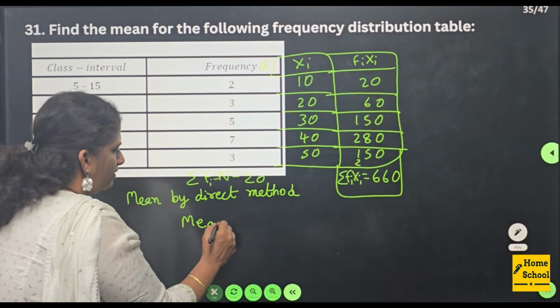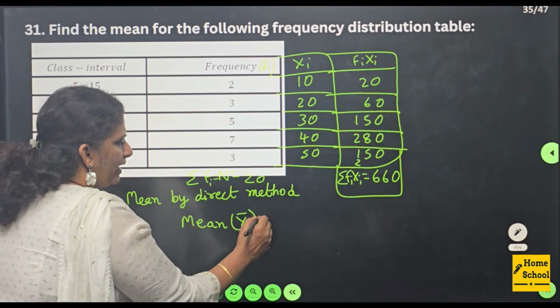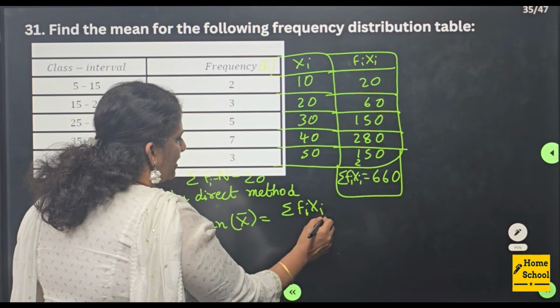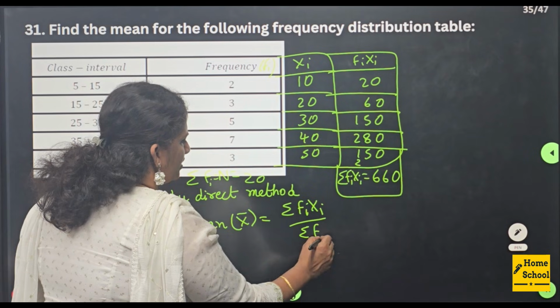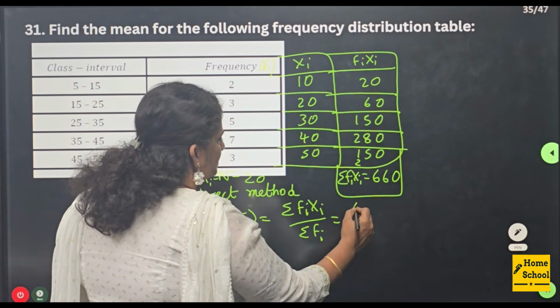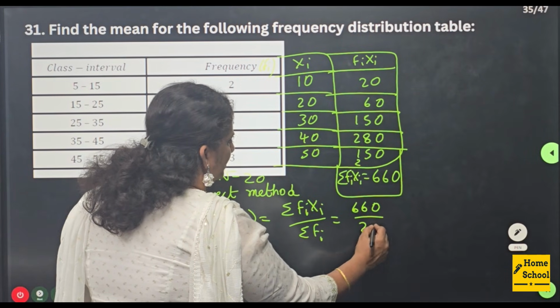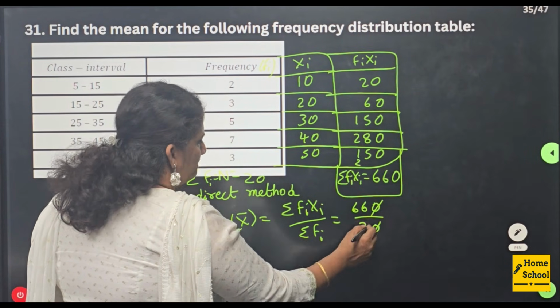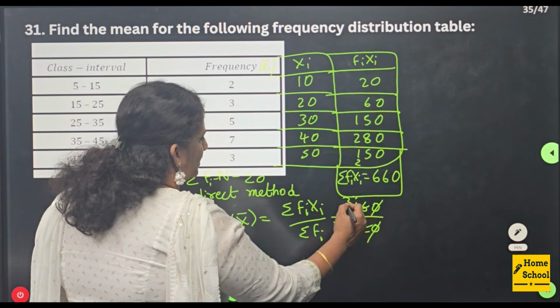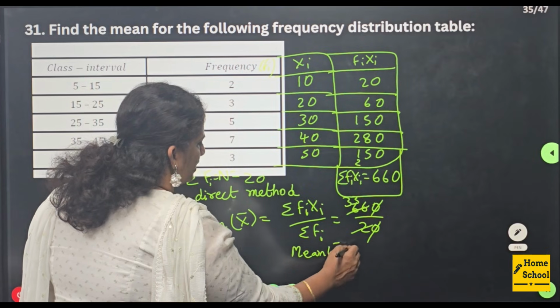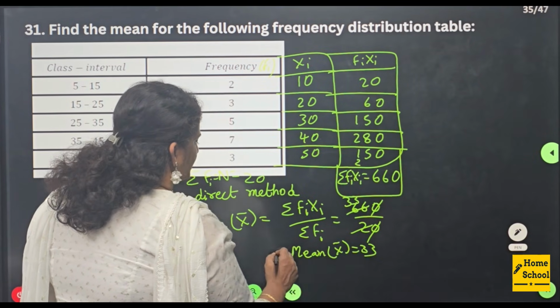Mean x bar is equal to summation fi xi by summation fi. This one is 660 and summation fi is 20. 0, 0 cancel. 2 33s are 66. Therefore, mean x bar is equal to 33 is your answer.